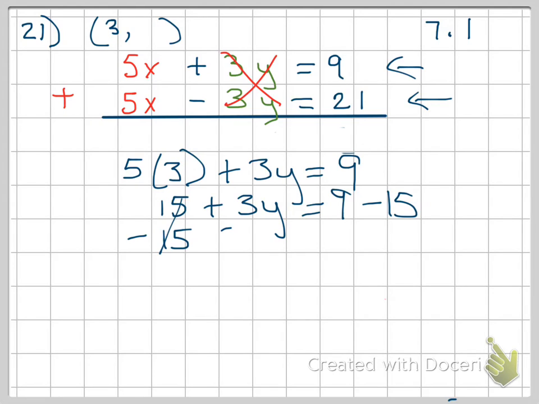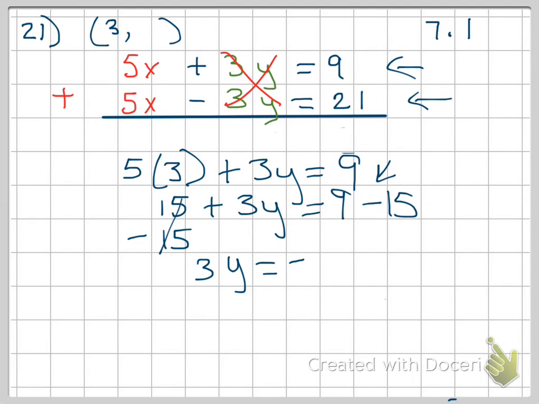Okay, so now we're left with, let's go down one. 3y equals, and 15 minus 9, when we're subtracting, the biggest number is what will hold the sign, either positive or negative. So we know our answer is going to end up negative.